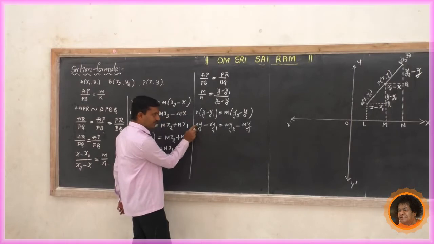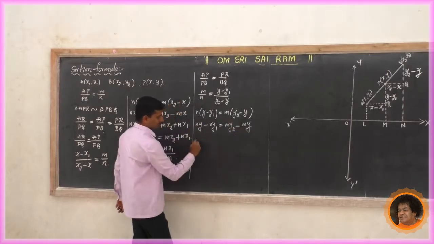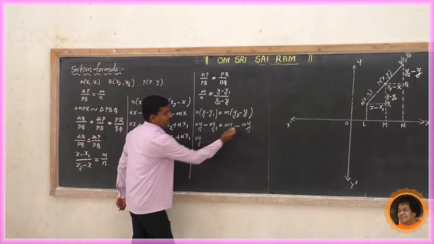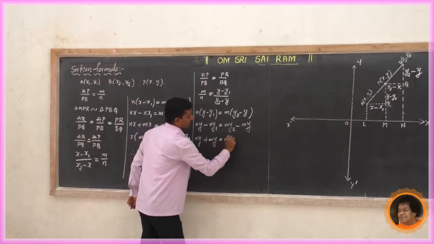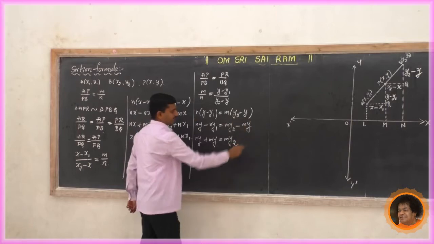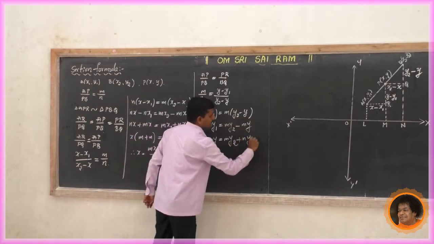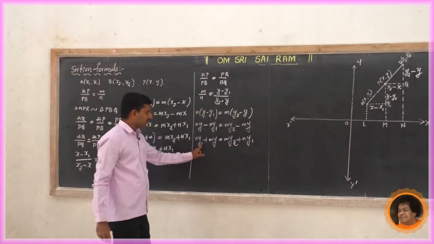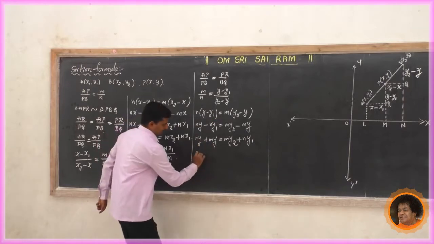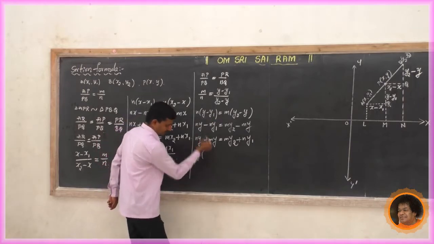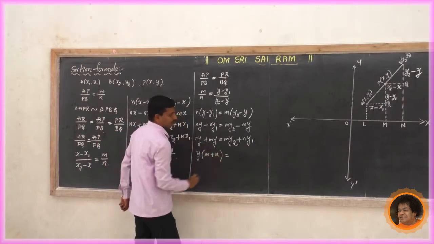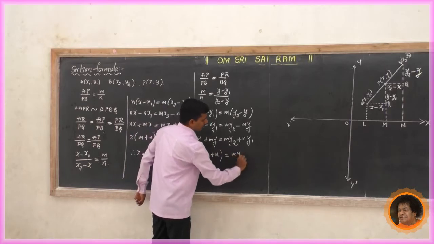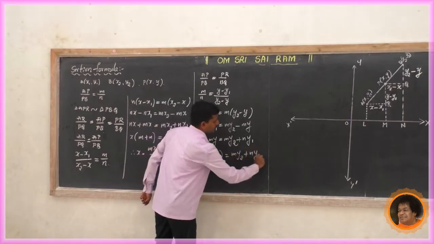Here the y terms ny and my transpose to the same side: ny minus my becomes plus my, equal to my2 minus ny1, becomes plus ny1. Any common term? Here y is the common term. So take y outside: m plus n, or n plus m, equal to my2 plus ny1.